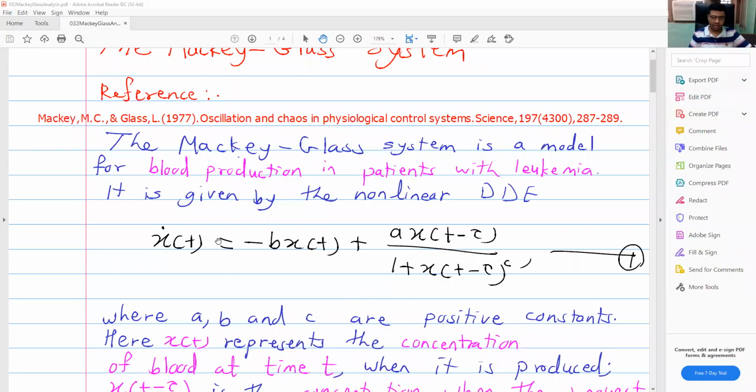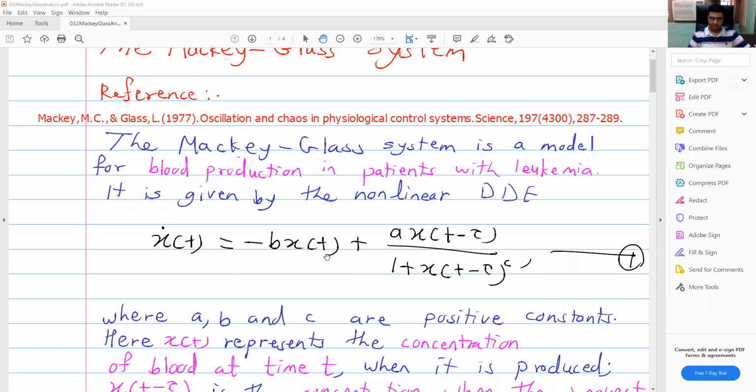Dear students, last time we discussed the Mackey-Glass system. It is a scalar nonlinear delay differential equation given by x dot of t equal to minus b into x of t plus a into x of t minus tau divided by 1 plus x of t minus tau raised to c.